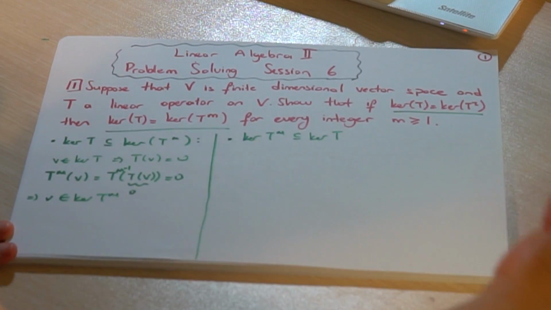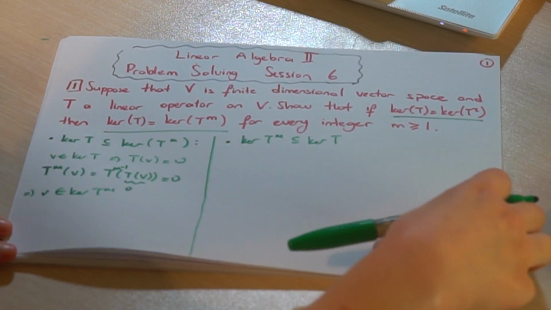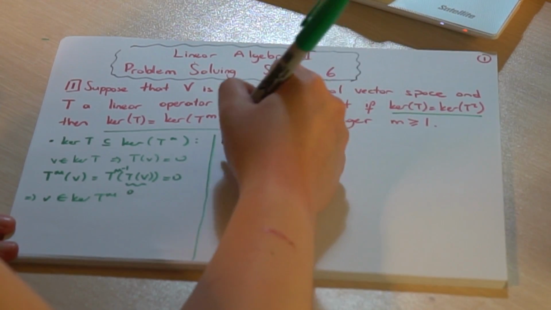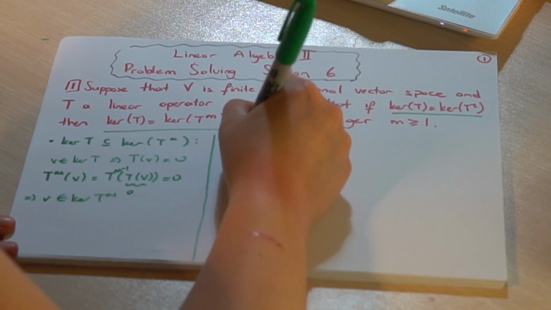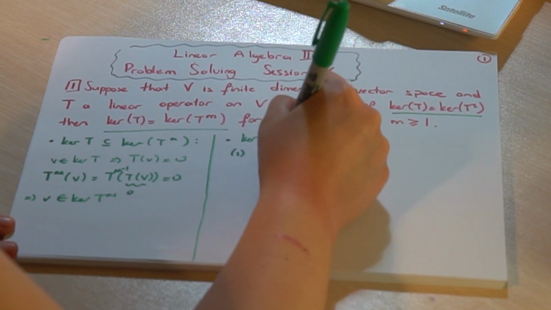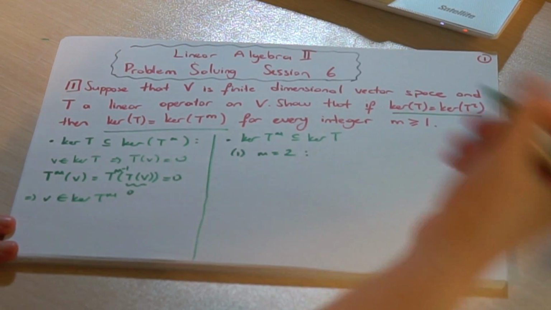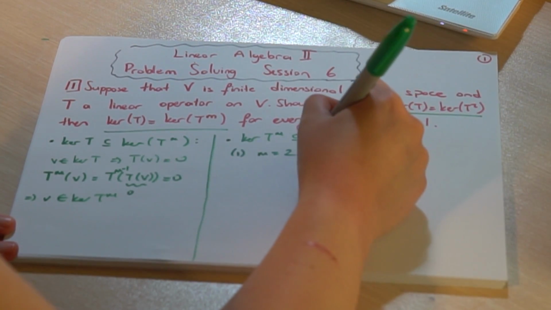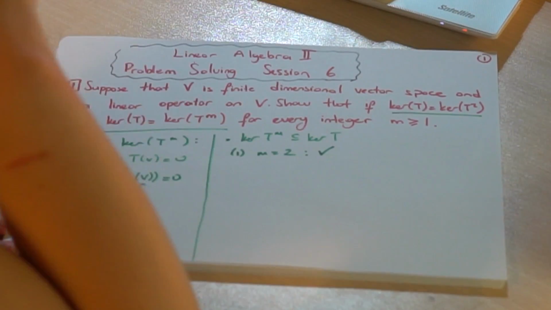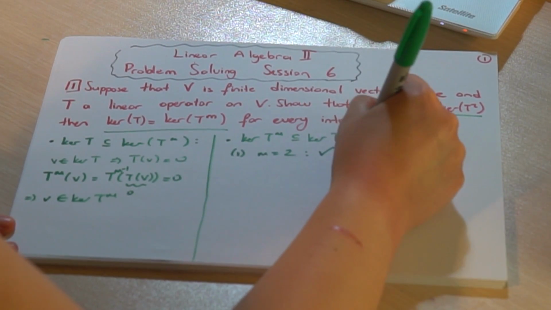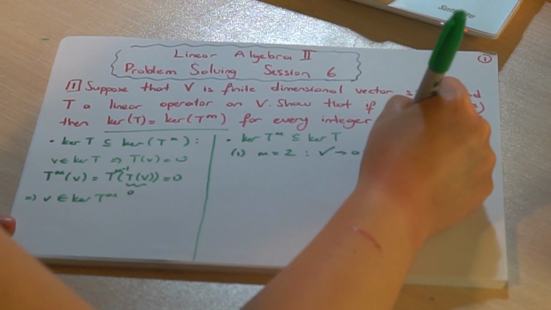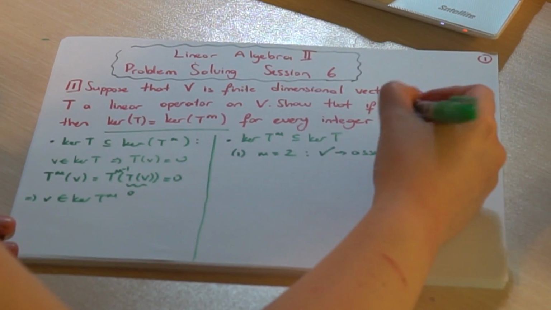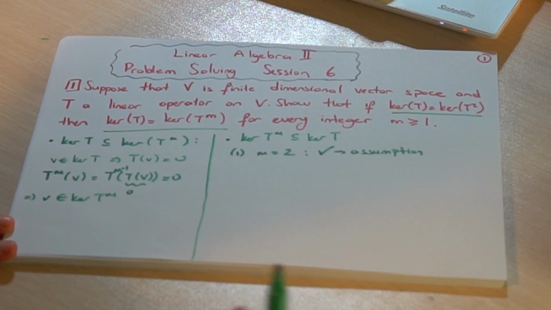Now I want to do induction to show this step. First case, when m is equal to 2, right? So this m is equal to 2. This is okay because of our assumption. In the beginning, the question gives us kernel T is equal to kernel T square.